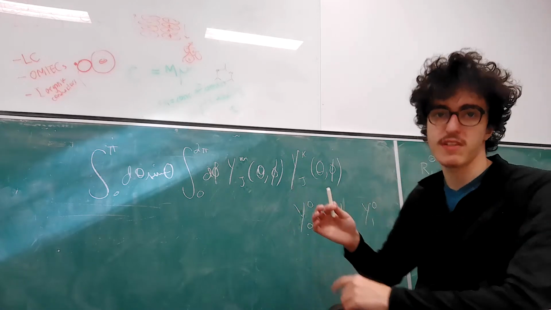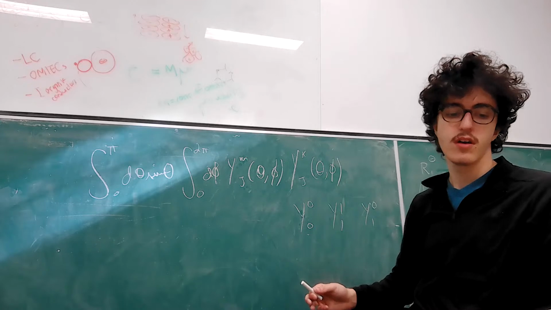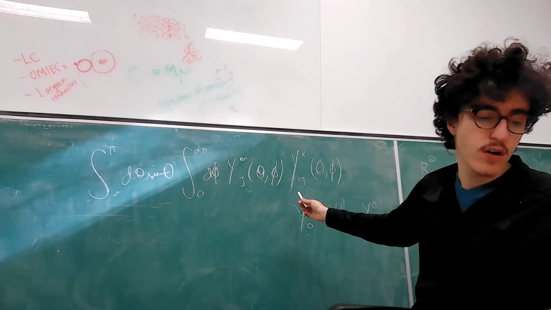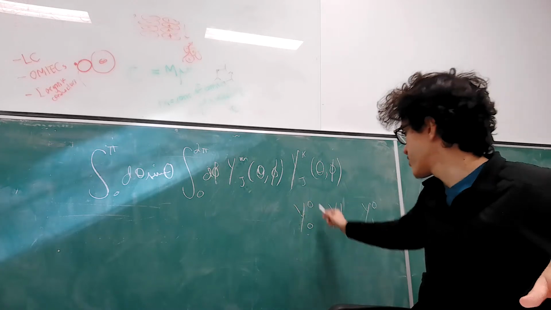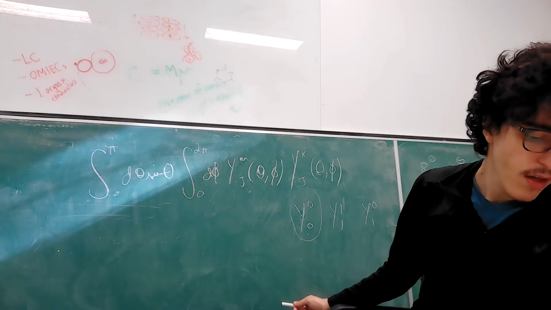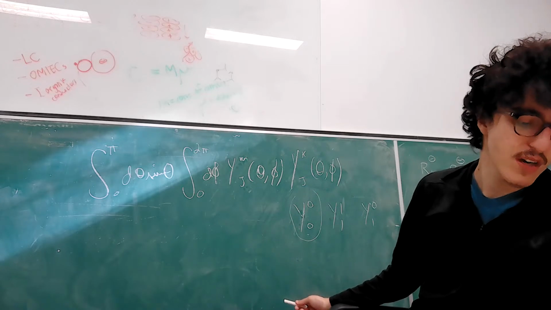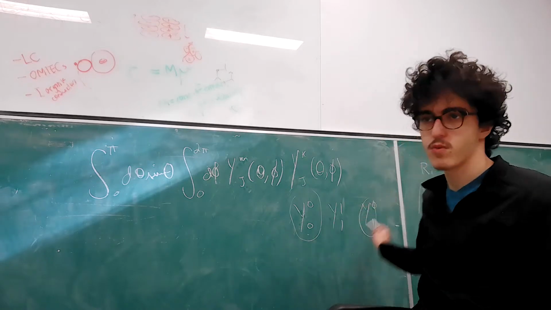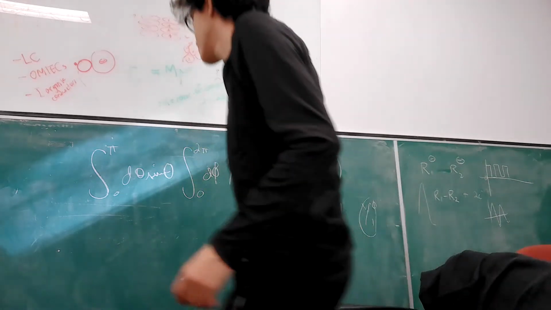Then they should be perfectly orthonormal to each other. So this relation should be equal to 0. For the first one, we're going to compute the overlap of this one with itself, though I think that's a bit too easy. So we'll do this one.